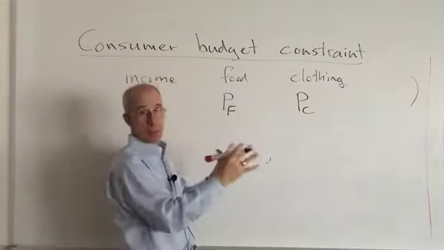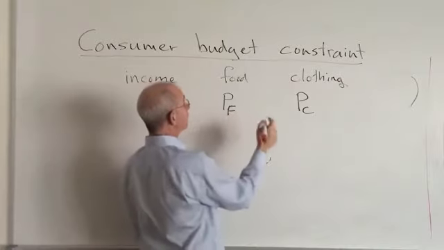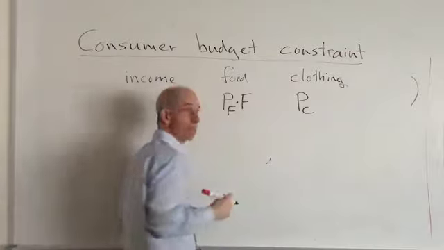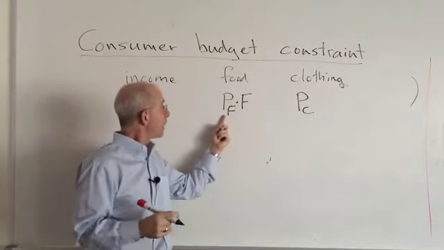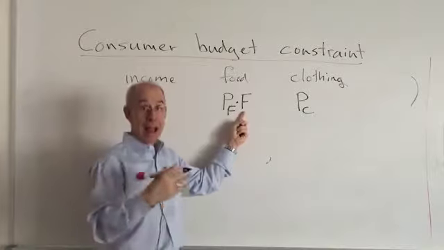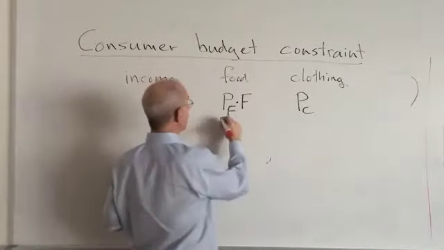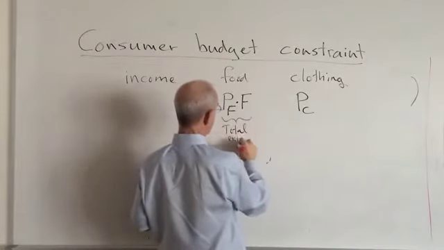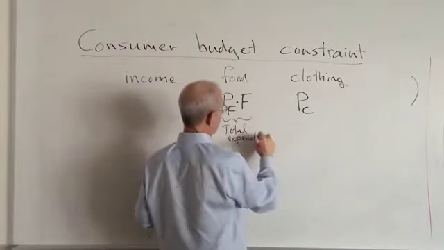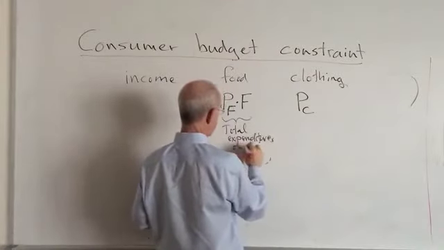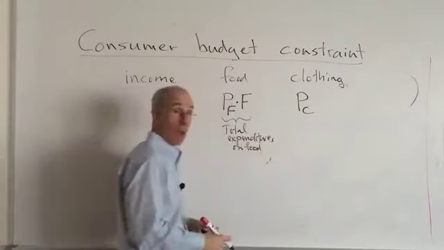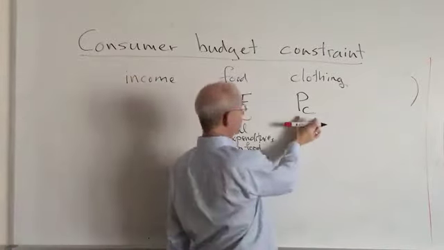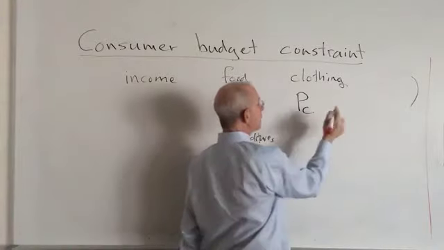So how much you spend on food depends on the price of food and how much food you buy. The price of food multiplied times how much food you buy is the total expenditures on food. Okay, so that's one part. I can also buy clothing. This is the price of clothing.